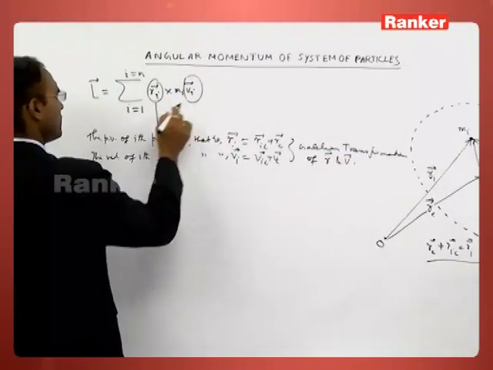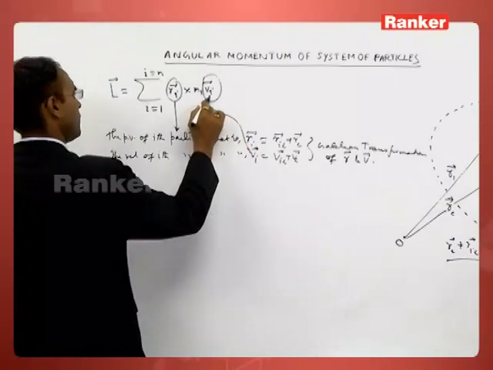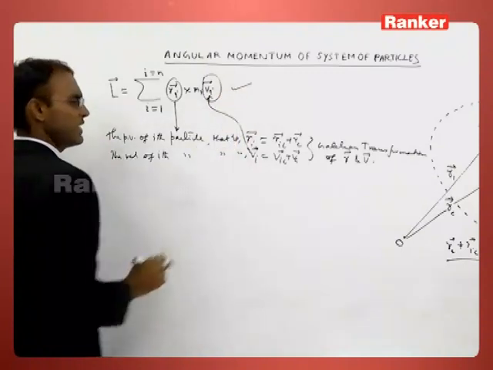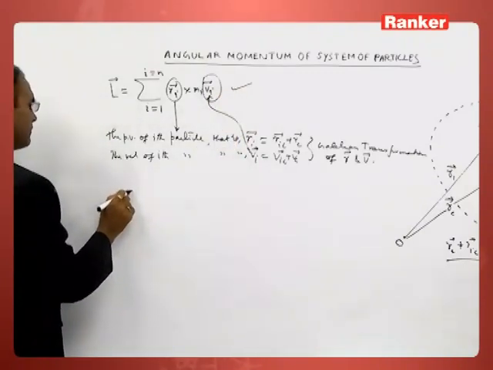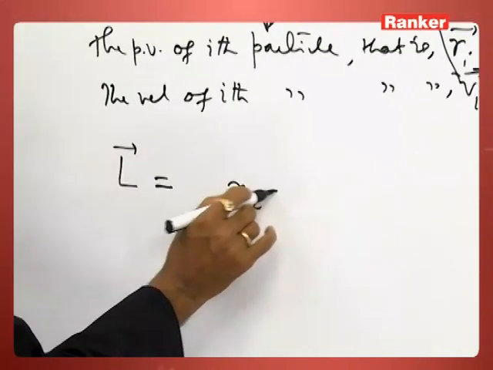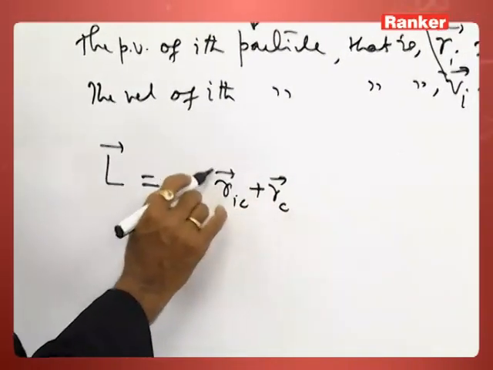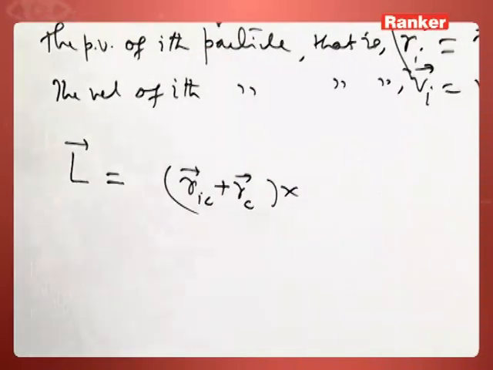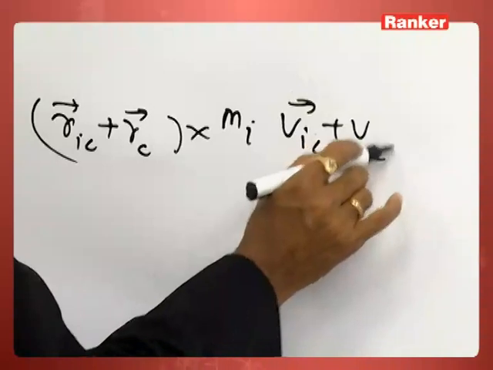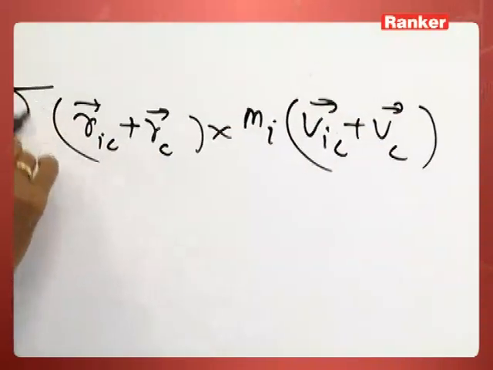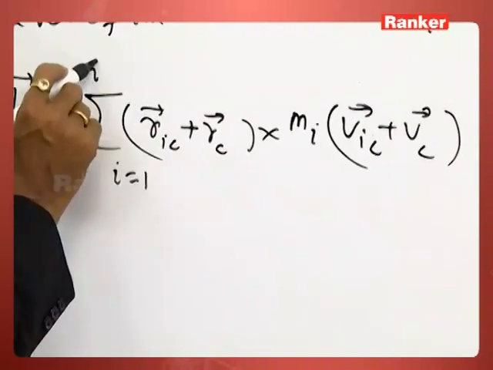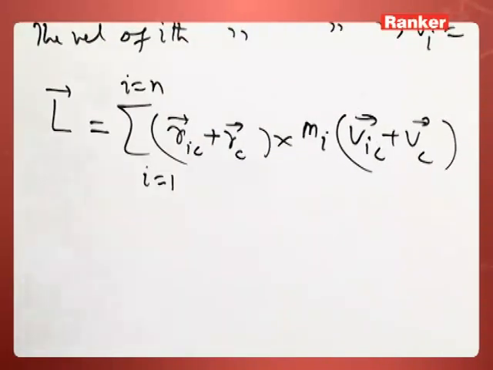Now substitute these two parameters in this expression to get the sum of (ric plus Rc) cross mi (vic plus Vc), i is equal to 1 to i is equal to n.